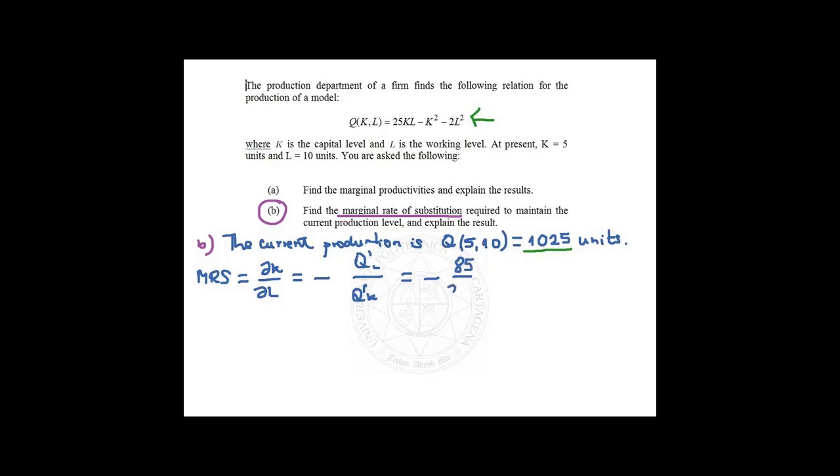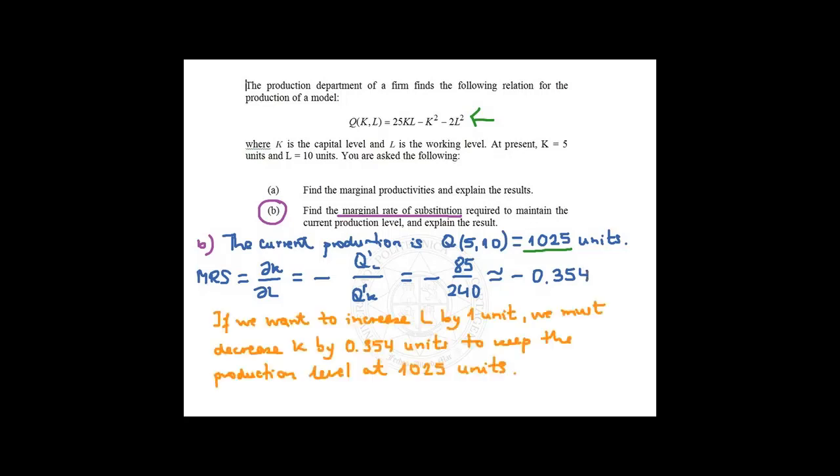This means that if we want to increase L by 1 unit, as it is in the denominator, we must decrease K by 0.354 units, decrease because of the minus sign, to keep the production level at 1025 units.